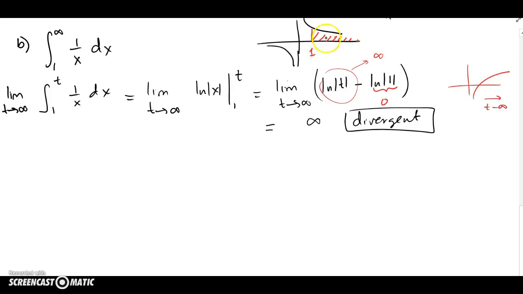So don't just go by the graph where you think, oh, it's decreasing, it must be convergent. It's possible that it gets bigger and bigger without bound, and it ends up being divergent. Let's look at one more example in this video.